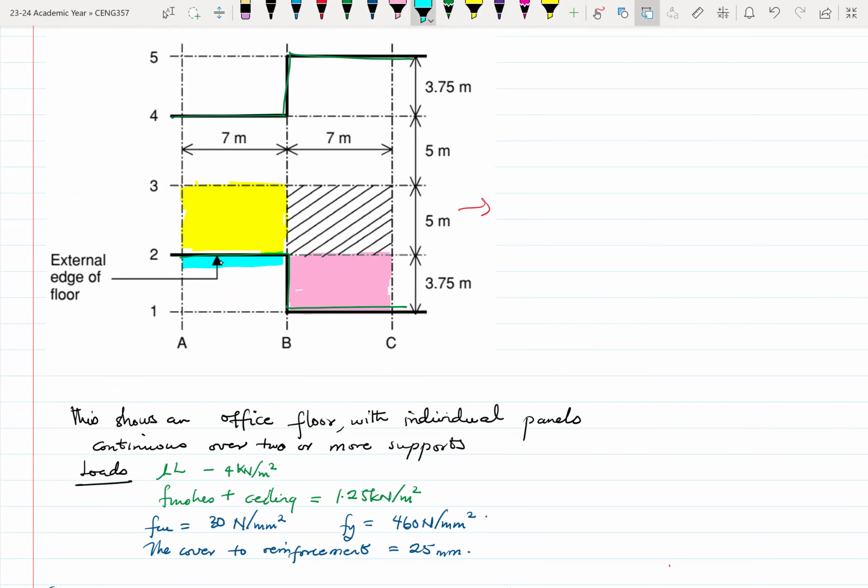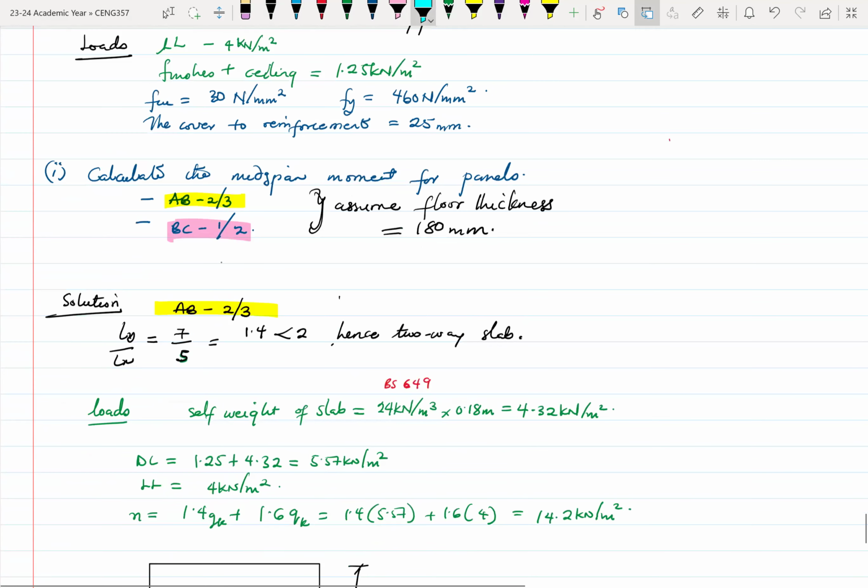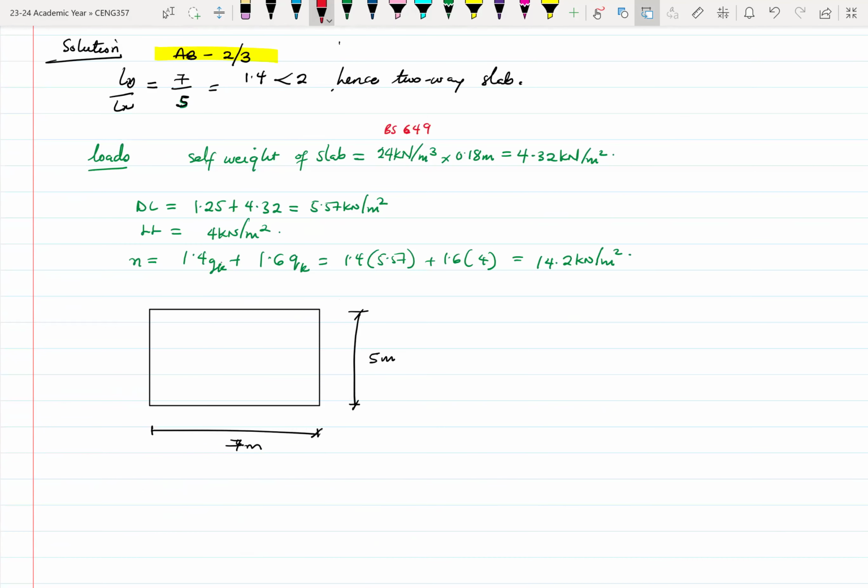So that edge is discontinuous, and these edges are continuous. So here I can say one long edge discontinuous.